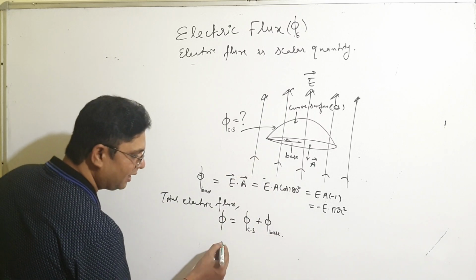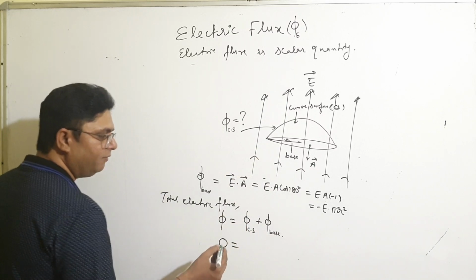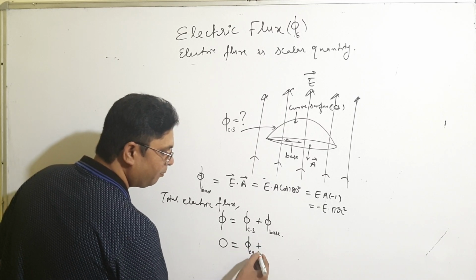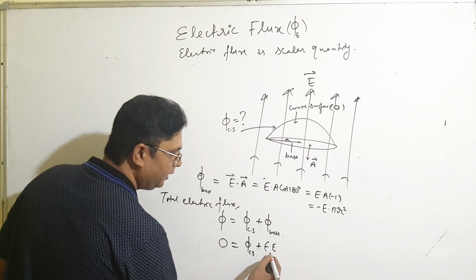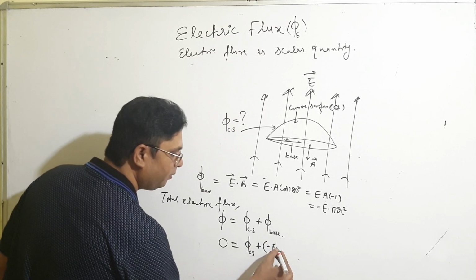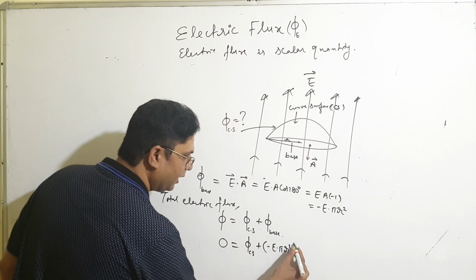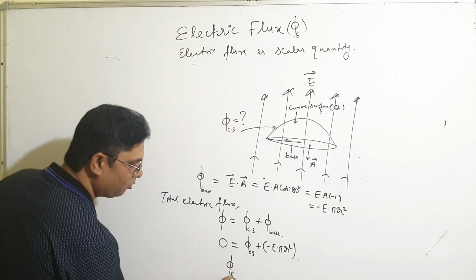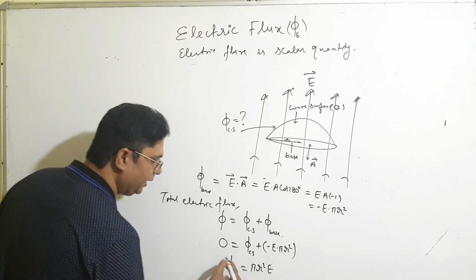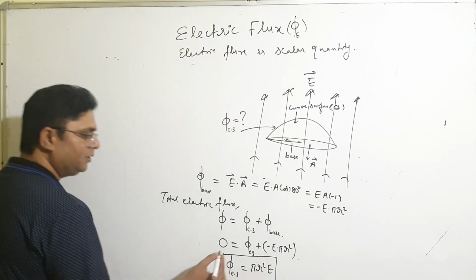So you have phi CS minus E pi R square equals 0. So phi through the curved surface area equals pi R square E, which is the electric flux through the curved surface area.